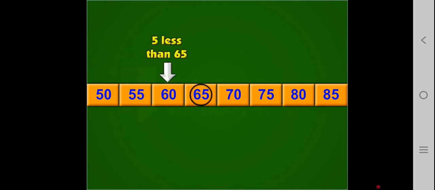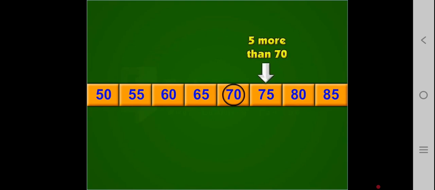And 70 is 5 more than 65. We can see a number pattern here. The counting tape has a number which is 5 less on one side and 5 more on the other side. So when we look at 70, the next number would be 5 more than 70, which is 75.